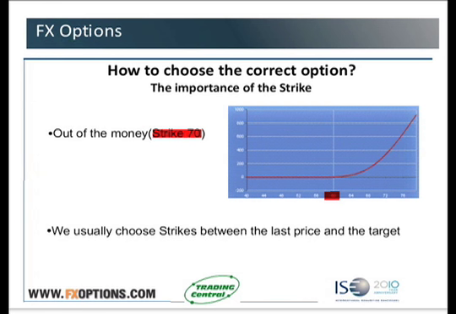And you can see on this chart that when the price of the underlying is rising, an out of the money option value will rise very strongly.